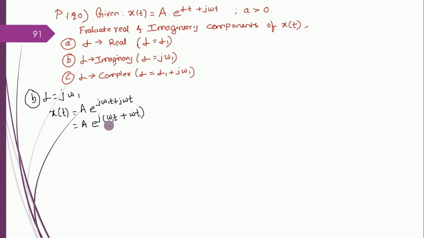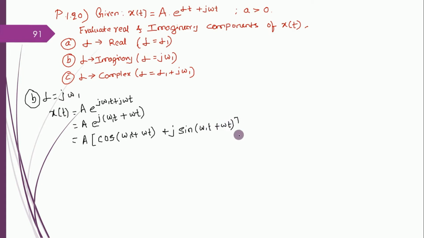Only the j component is there, both are complex, hence I apply Euler's formula directly here. In place of theta, whatever I have, I'll just write: cos of omega 1 t plus omega t plus j sine of omega 1 t plus omega t.